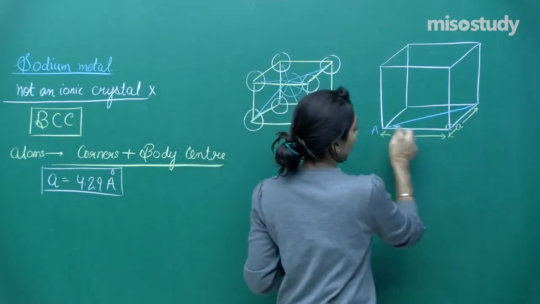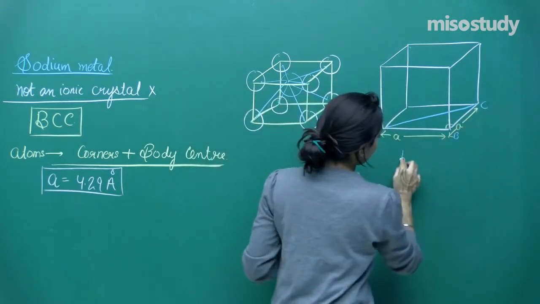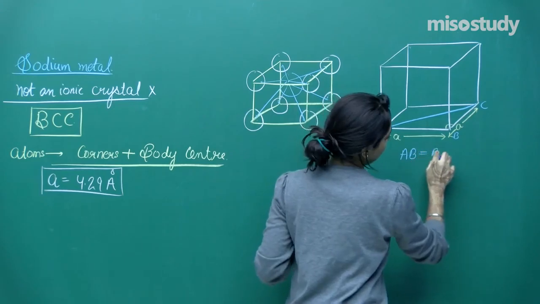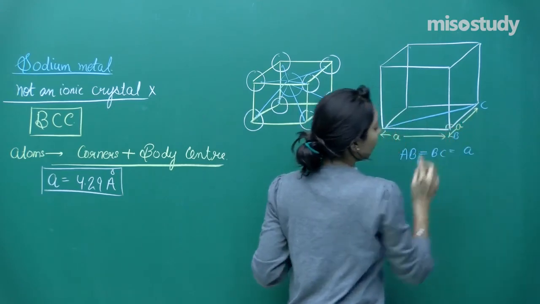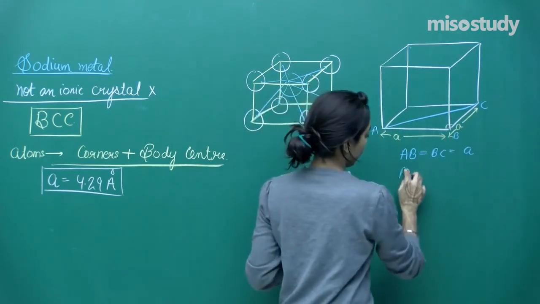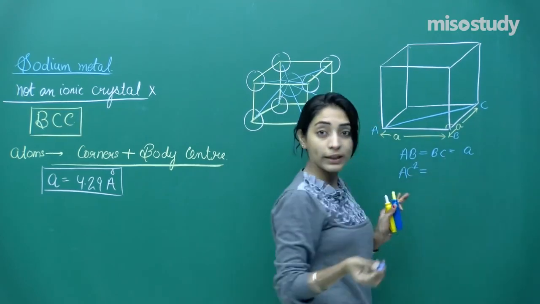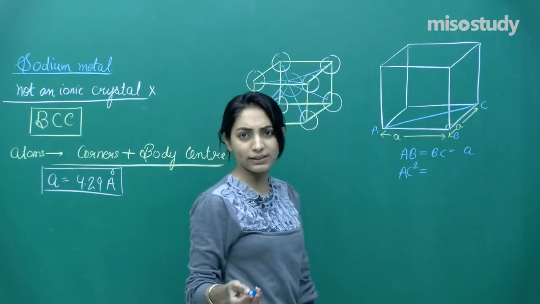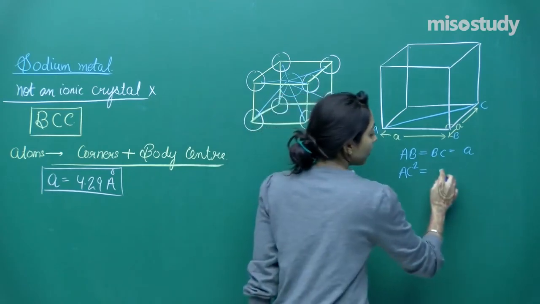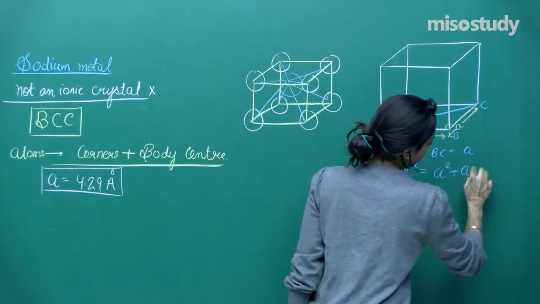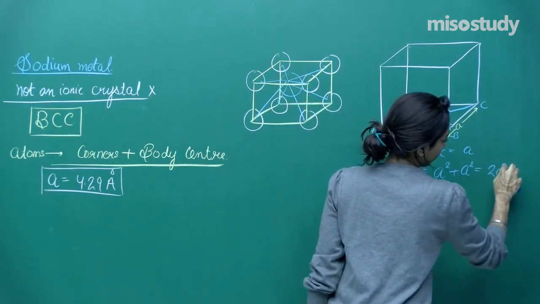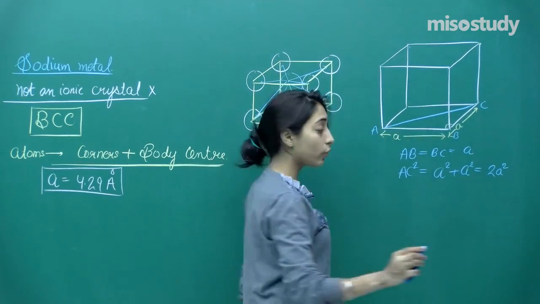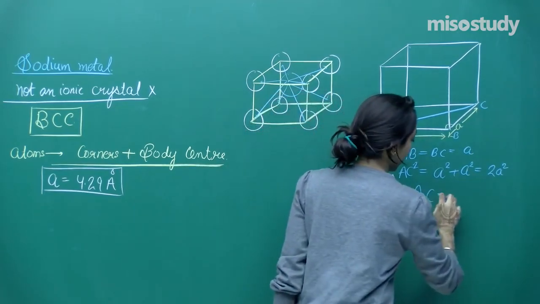So this is A, B, C. AB and BC are given as A. So AC square will be equal to AB square plus BC square, the simple Pythagoras theorem, which will be A square plus A square, that is 2A square. So finally you will get the value of AC as root 2 A.